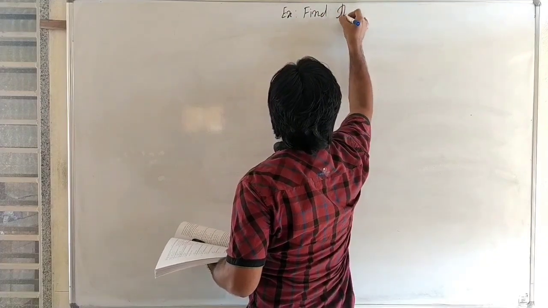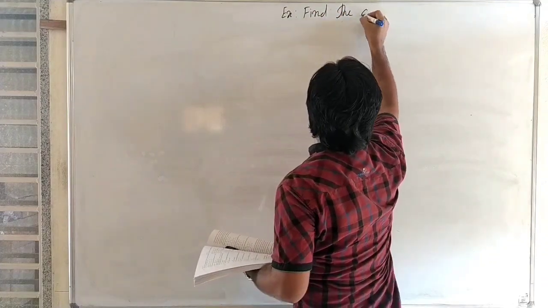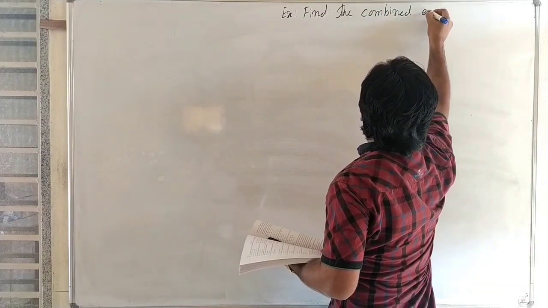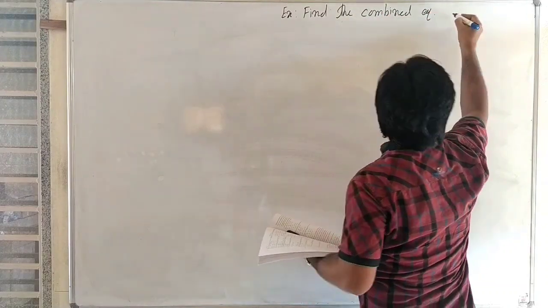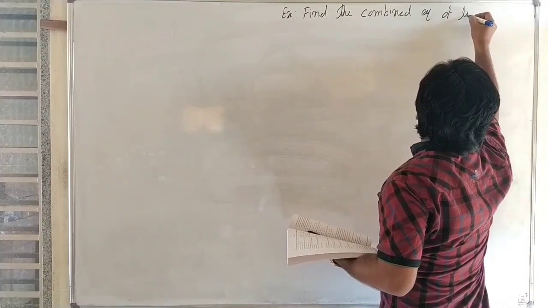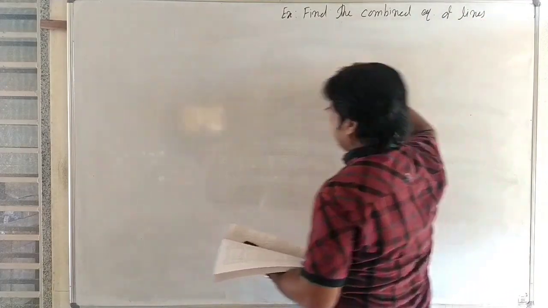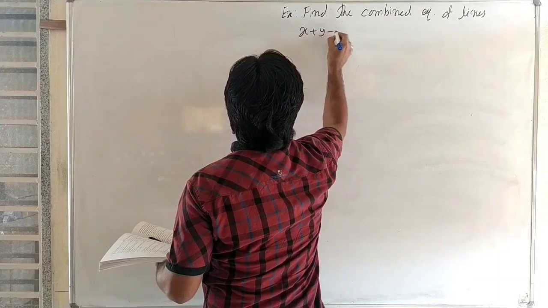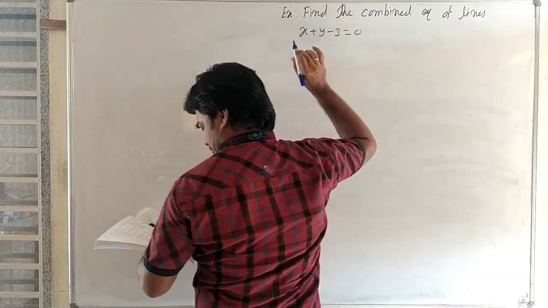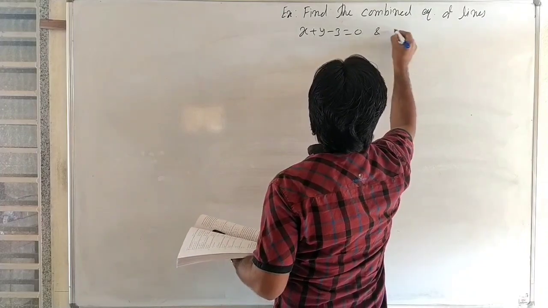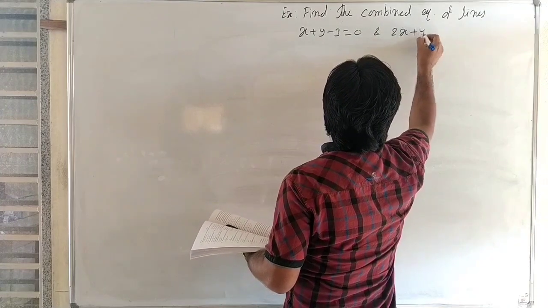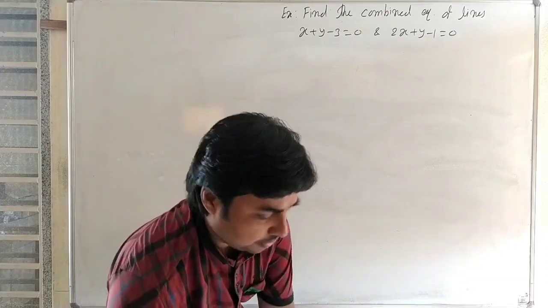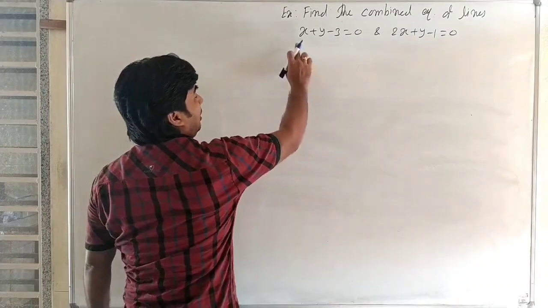Find the combined equation of lines x plus y minus 3 is equal to 0 and 2x plus y minus 1 equal to 0, which are the equations of the lines.